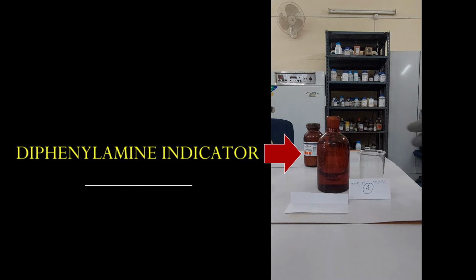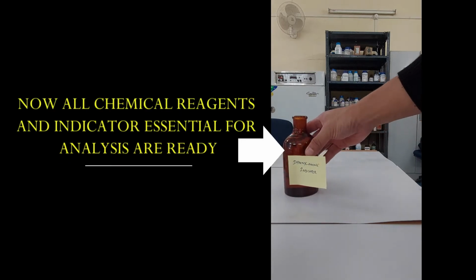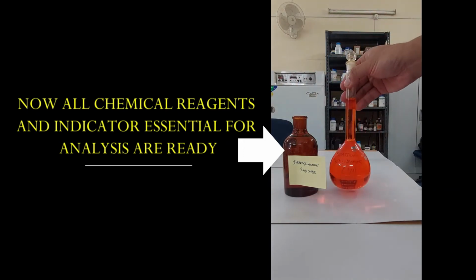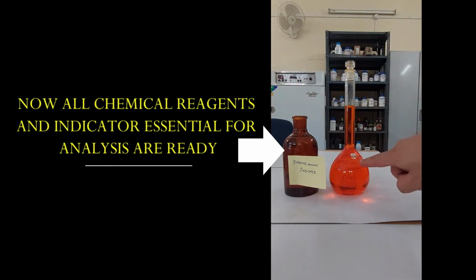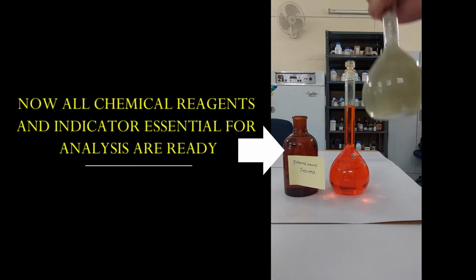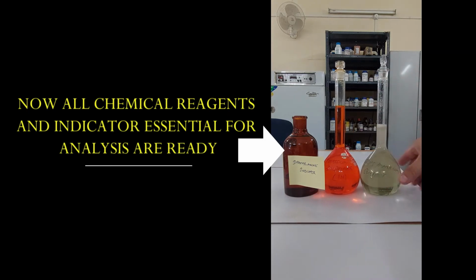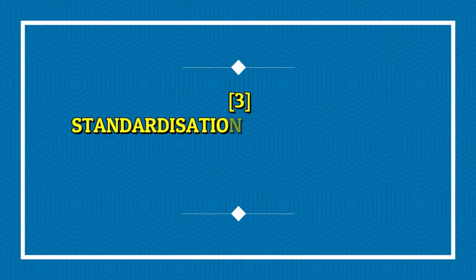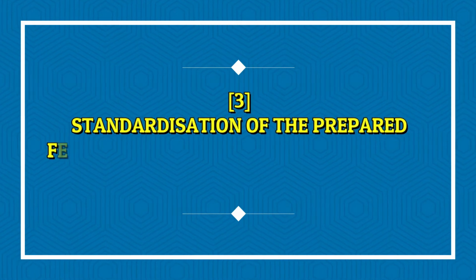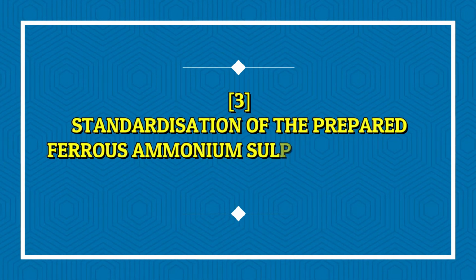Now, once you have prepared the diphenylamine indicator, then all the chemical reagents and indicators essential for analysis are ready. And once you have done this, we'll move on to stage 3, that is the standardization of the prepared ferrous ammonium sulfate.